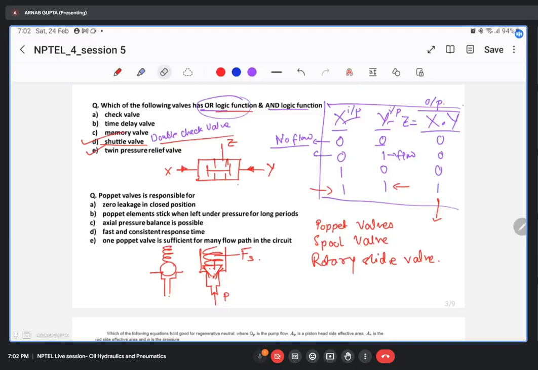If we look at the spool type, what's the major difference? You have a cylindrical spool, which has these areas that are cut down, called grooves, and these areas called lands.